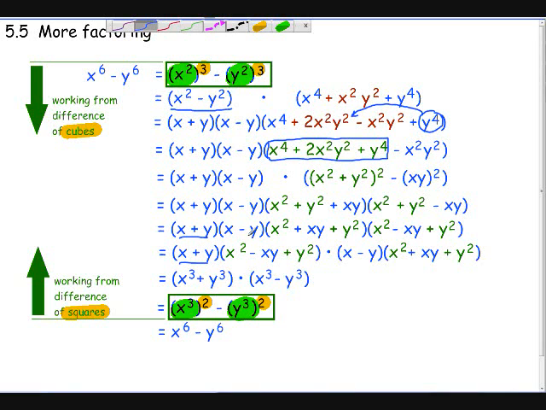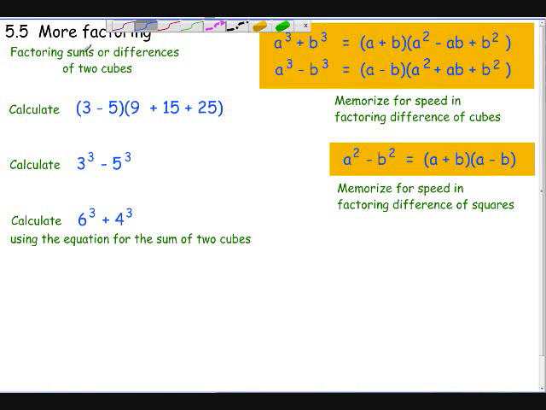These are matched right here, and these are matched right here and right here. So we can work either way to factor. Now, where did we have it factored the fullest? I don't know. I guess any one of these where we had the four factors were really good factors. Factoring sums or differences of two cubes.